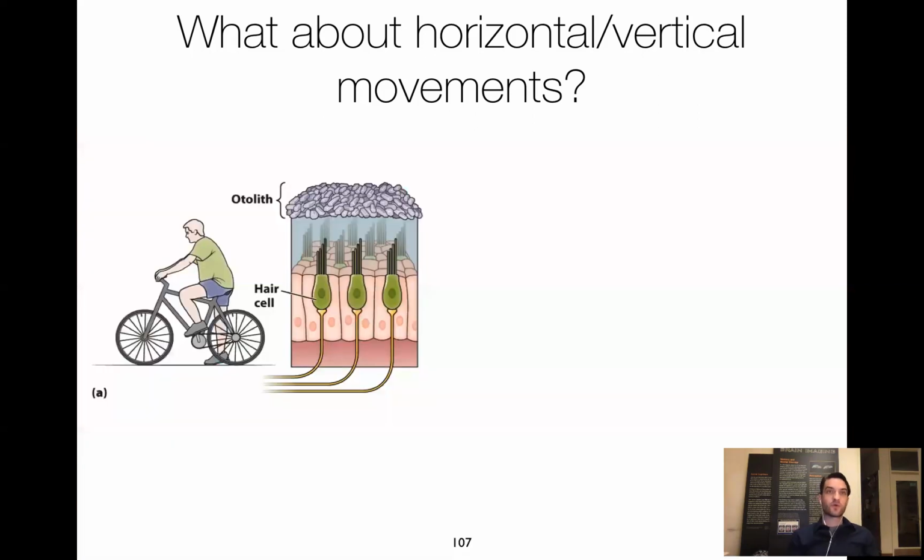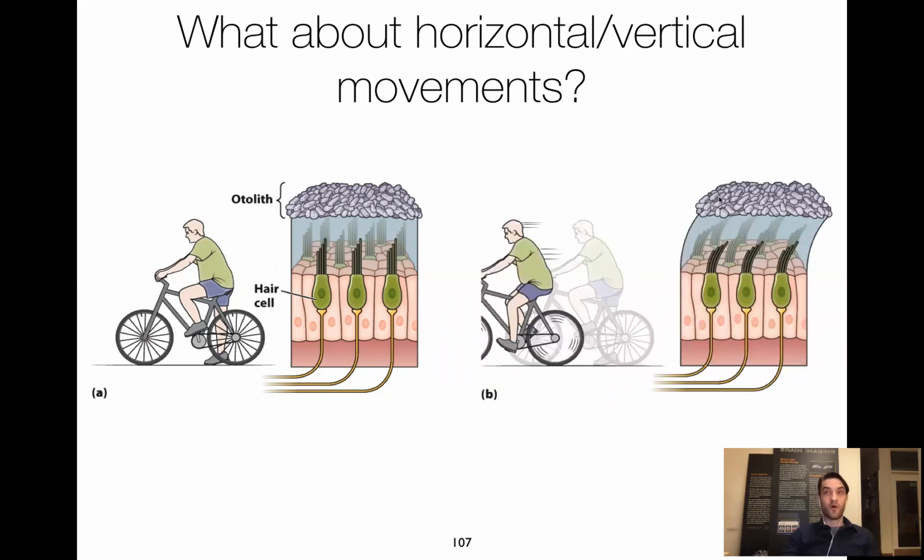The way this works is not because of semicircular canals and fluid dynamics, but because of these little crystals called otoliths that sit on top of these structures. There's this fluid and this blue stuff here with these little crystals on top of it. Say you're on a bike and you take off and move forward, the momentum of those crystals will drag back, and that is what causes the hair cells to bend.